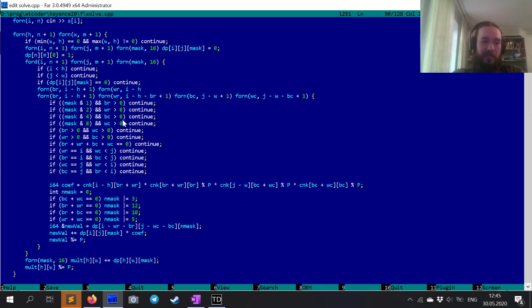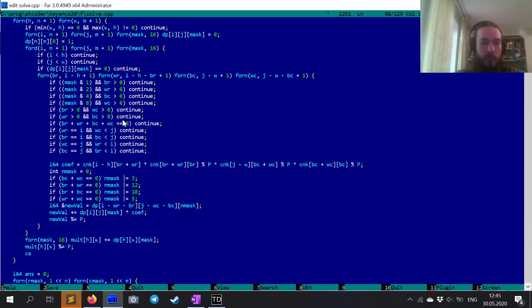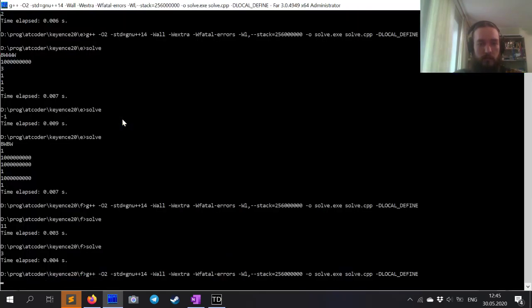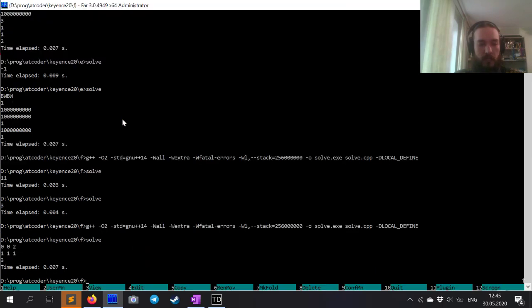Actually, let's look at the multiplicities. So let's do some debugging here. So we can arrive at the final state in 2 different ways. We can erase everything in 2 different ways, which is correct.